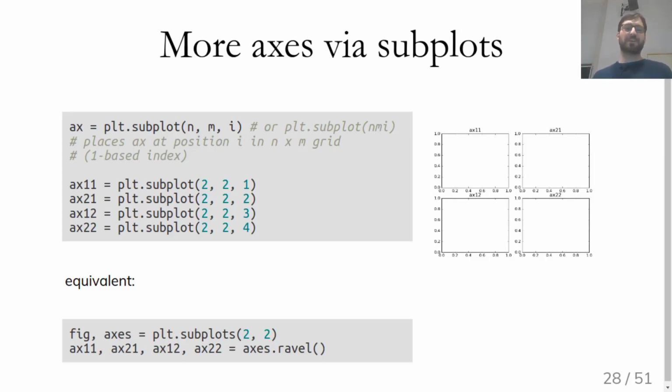This is kind of a weird interface. So here at the bottom I wrote, if you do 221, you get the top left. If you do 222, you get the top right, and so on. And it's indexed by 1 because it's stolen from MATLAB. So I prefer doing something like plt.subplots 22, and I get the figures and the axis back, and I have an array of axes.